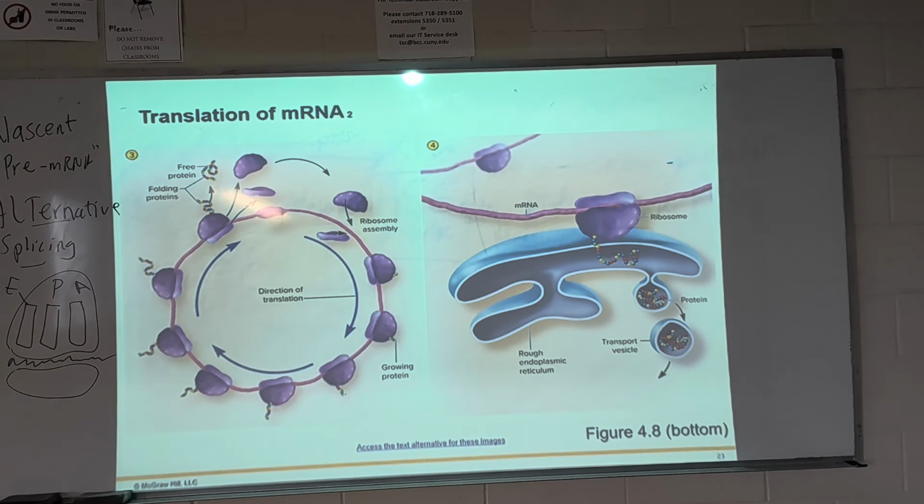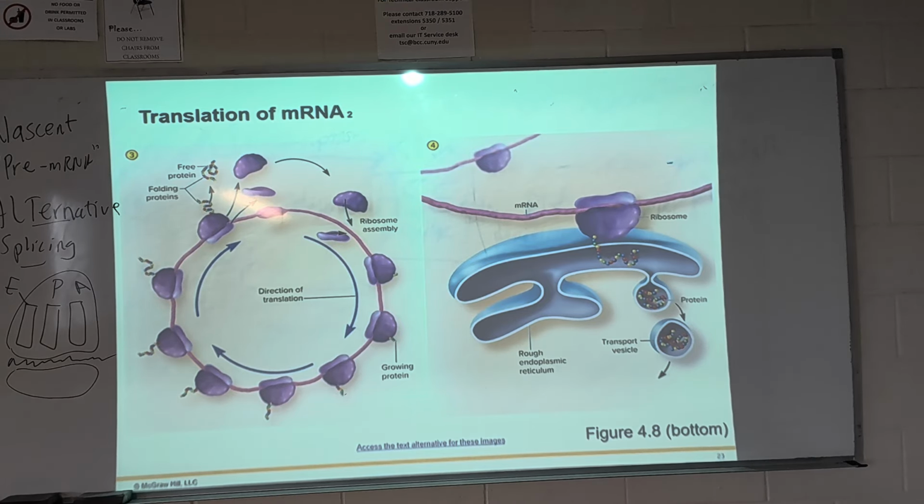And what do ribosomes make? They make proteins. So that's going to be the difference now. They both make proteins. Free floating ribosomes make proteins. Rough endoplasmic reticulum bound ribosomes make proteins. But the nature of that protein is going to be different.